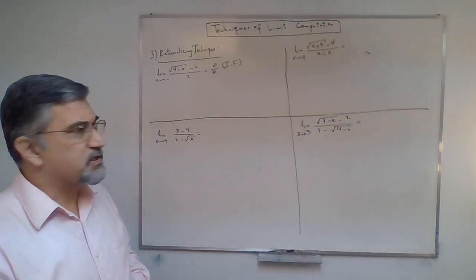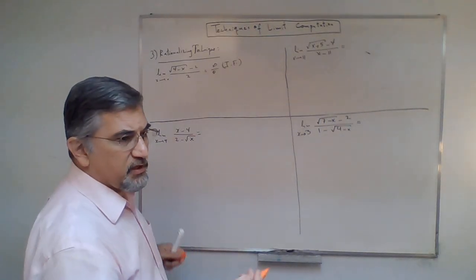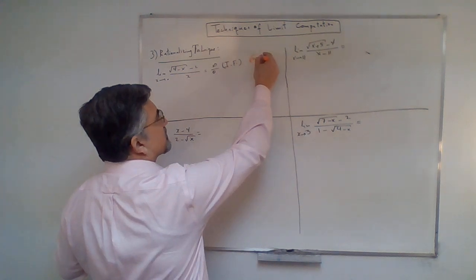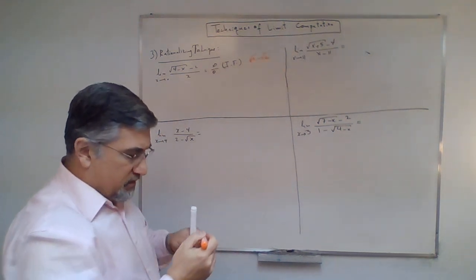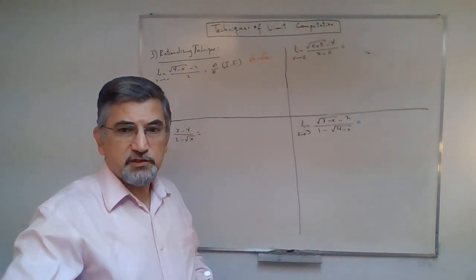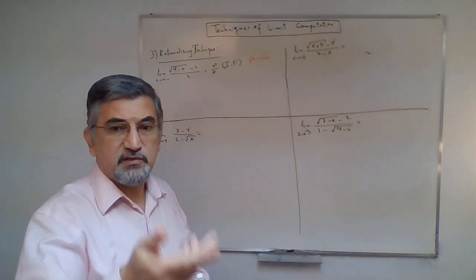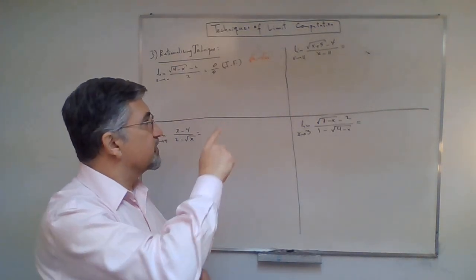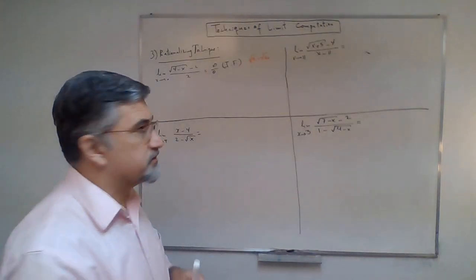Generally speaking, if you have an expression in the form of square root of a minus square root of b, there is another expression, square root of a plus square root of b, which is called the conjugate radical of this expression.